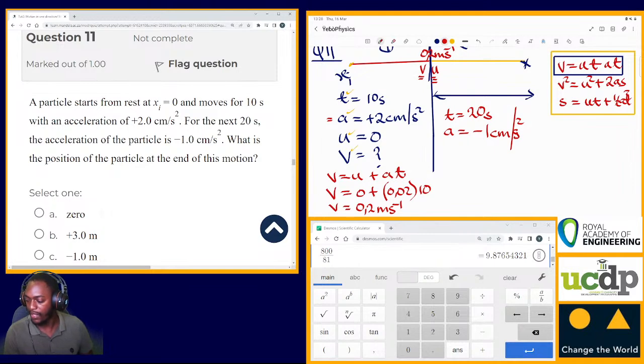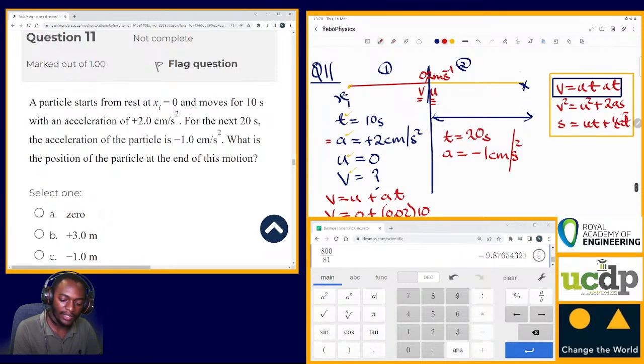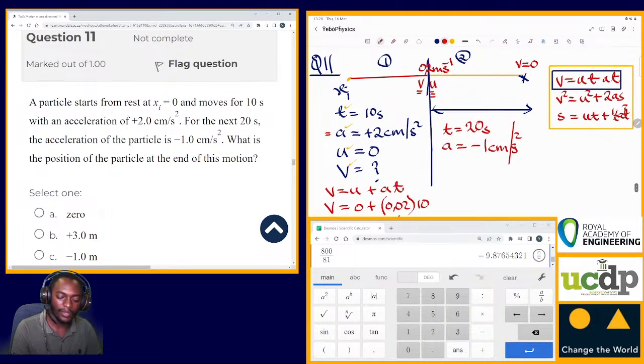At the end of the journey, our final velocity is equal to 0. So our u now is 0.2 meters per second, and our v is equal to 0.